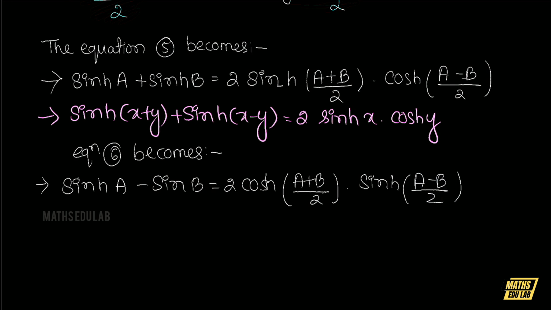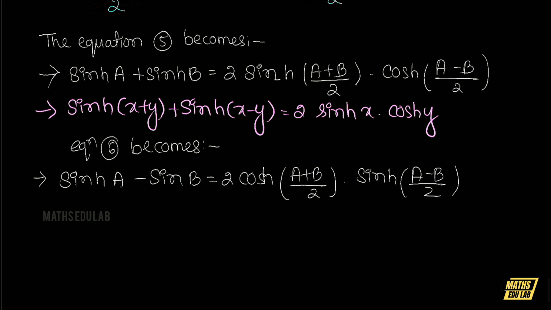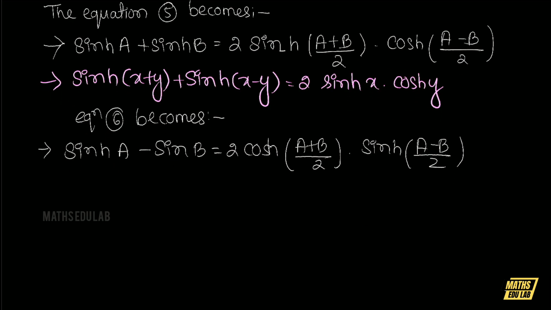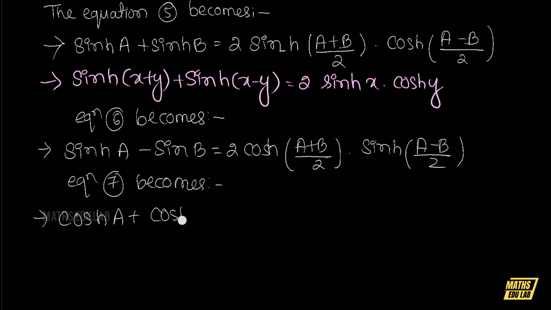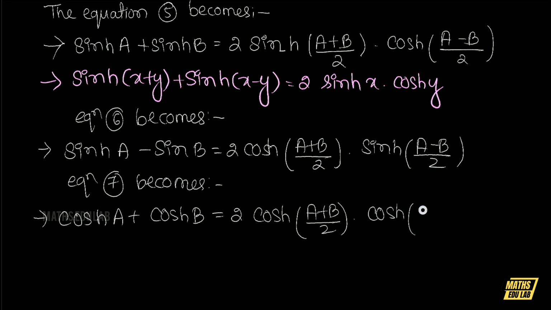You can check the formula of equation 6 and substitute the values of a, b, x and y. Equation 7 becomes cos hyperbolic a plus cos hyperbolic b, which is equal to 2 cos hyperbolic a plus b upon 2 into cos hyperbolic a minus b upon 2.